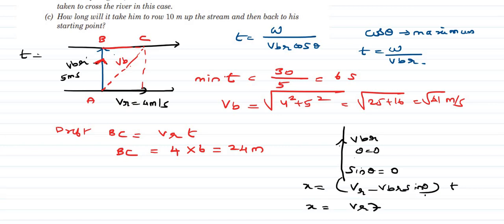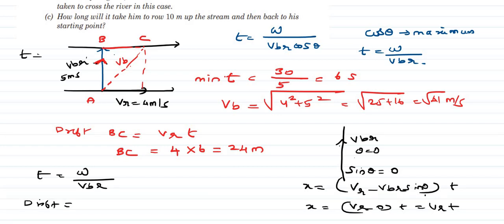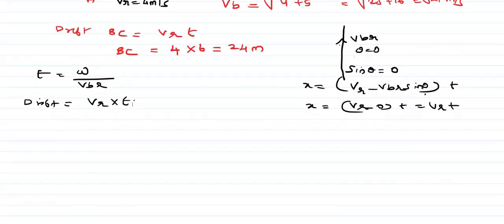So that's why VR minus 0 into T. So VR into T. Clear all of you? For the shortest time, remember that time is given by W by VBR. Next, drift is given by the horizontal component, that is VR into time taken. That's it. Clear? Any doubt?